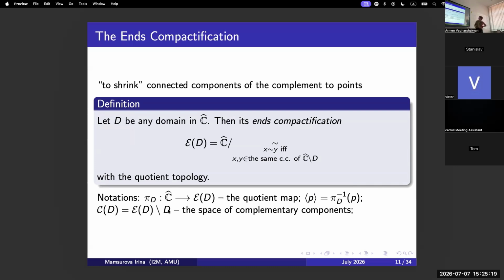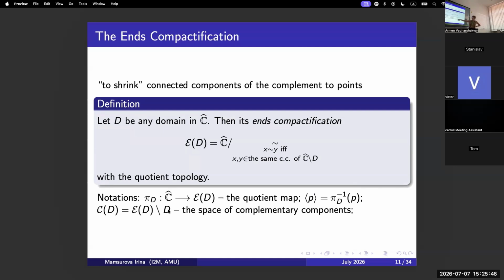Okay, so we will use later the fact that we can see a curve in the Riemann sphere as a curve in this factor space, because we just shrink a part of the curve which was inside the shrunk domain to one point.